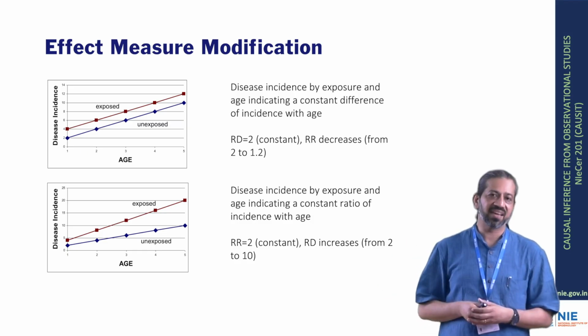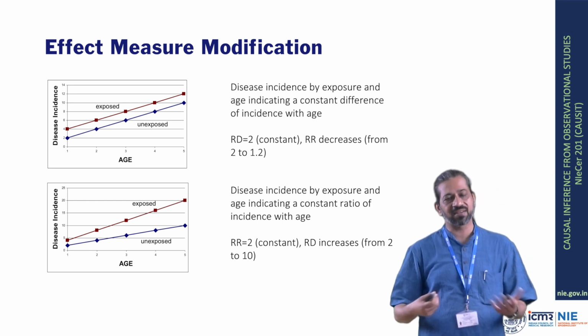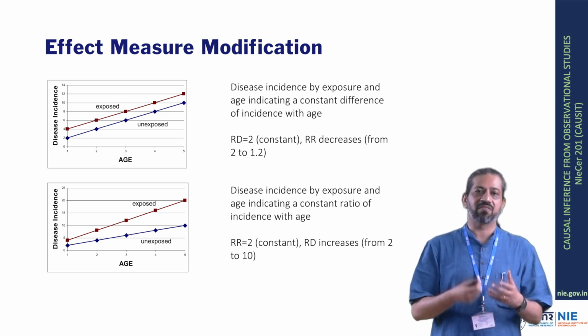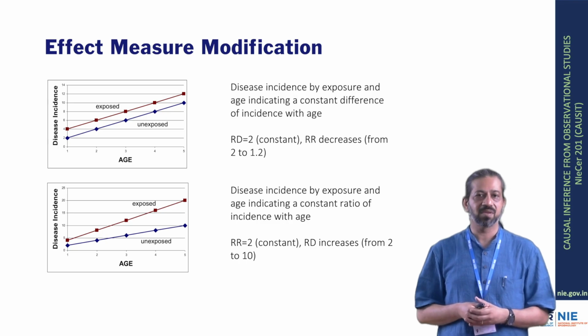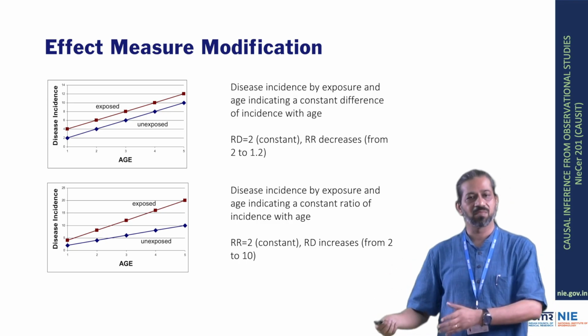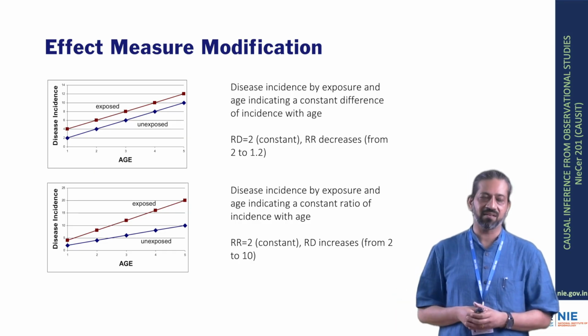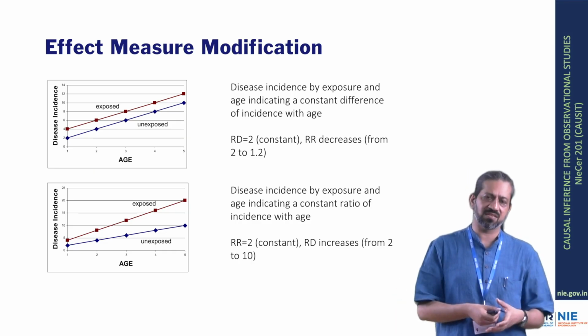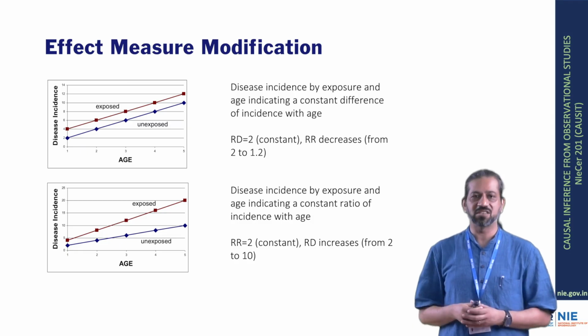What we're trying to say here is that because of its mathematical property, if the risk difference remains the same, the risk ratio will change across different strata or subgroups of a modifier. And if the risk ratio remains the same, the risk difference will change.